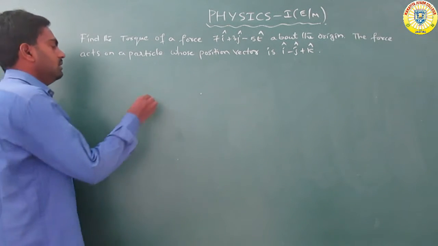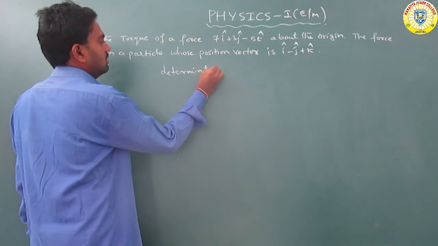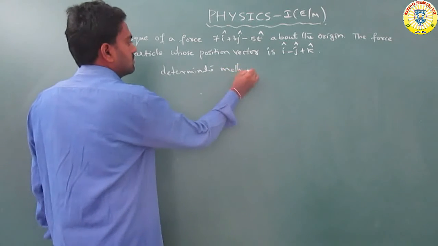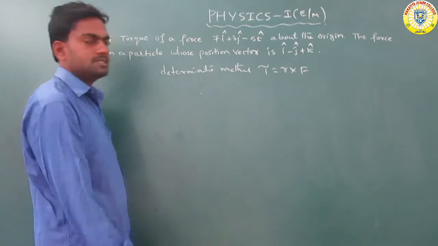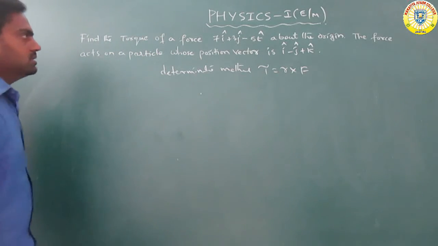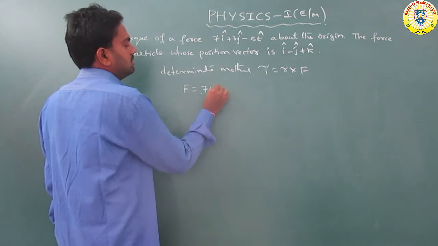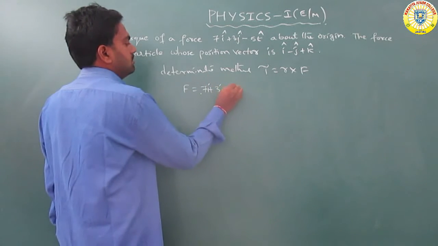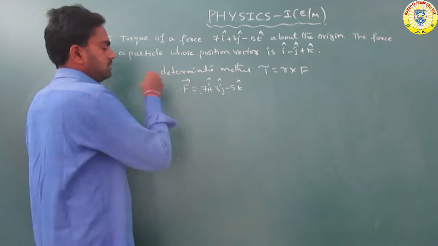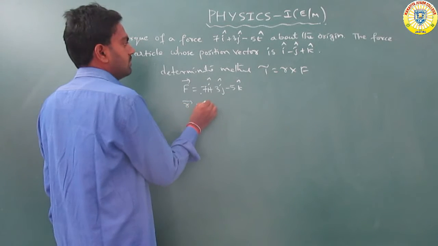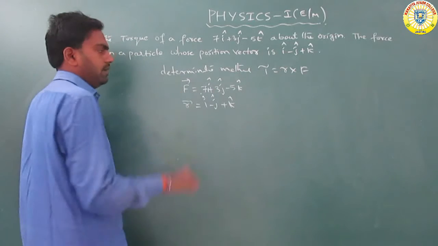So by using the determinant method, torque tau is equal to R cross F. F is given as 7i plus 3j minus 5k, and the position vector R is i minus j plus k.